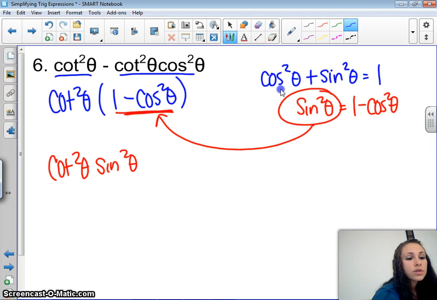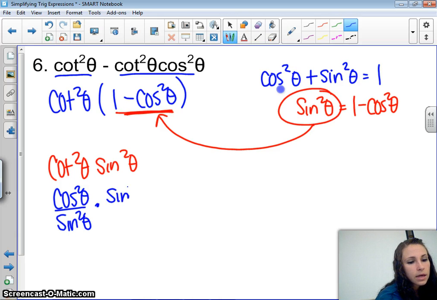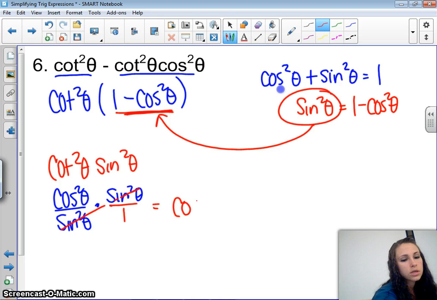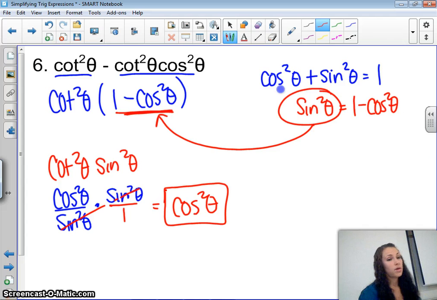Oh yeah, so this is going to end up being cosine squared over sine squared times sine squared. And so then when I do that, that's like a sine squared over 1. My sine squares will cancel, and that'll just leave me with a cosine squared. And so that would be my final answer.